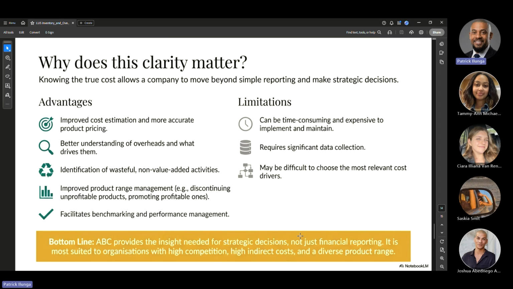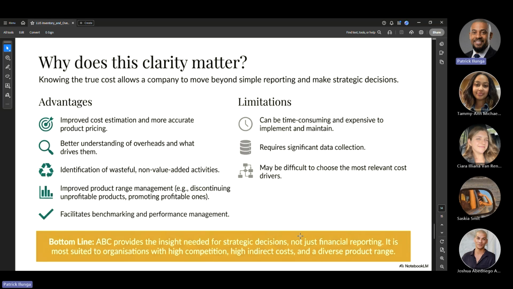It gives you a better understanding of overhead cost and what drives them. Very important. You will be able to see that beyond just saying, oh, labor hours or machine hours, you need to find what is the actual thing that is driving the cost. What is the actual activity that is driving the cost? So it provides you a better understanding of that.